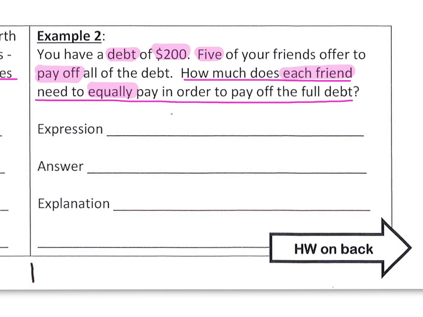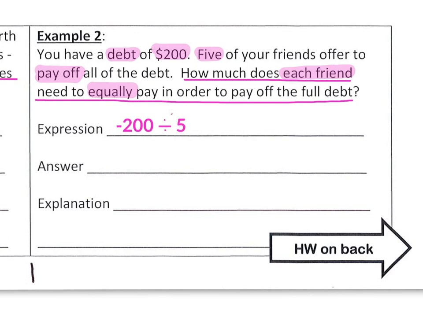So the debt part, what that debt part means is I'm actually going to have a negative 200 in my expression. I have a debt of 200. To figure out what each friend is going to pay, I need to take that negative 200 and divide it equally. Equally means I need to divide by those 5 friends.